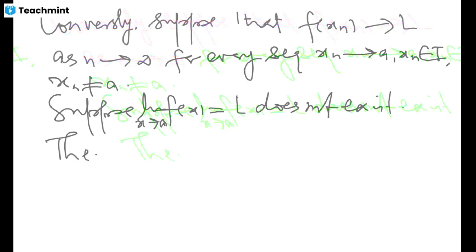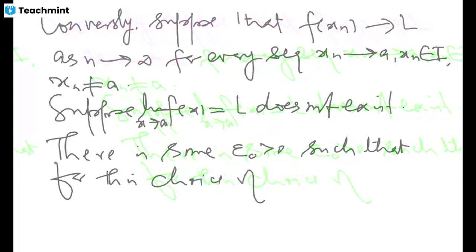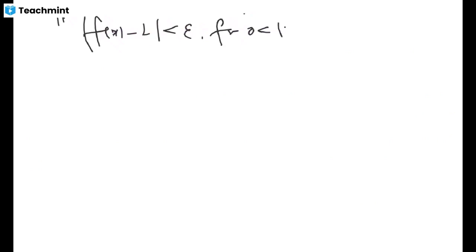That means there is some positive number, let that positive number be epsilon naught, such that for this choice of epsilon naught, the implication of the definition, which says |f of x - L| should be less than epsilon naught for 0 < |x - a| < delta, will not hold.